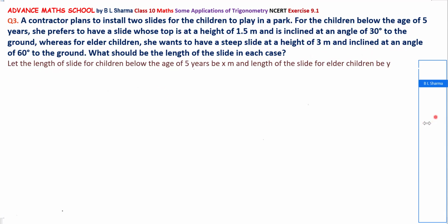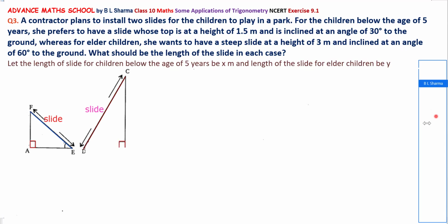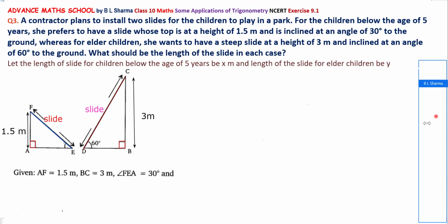We have to visualize the figure. First let us draw the figure. I have made one slide, which is for below 5 years, and this other slide is for elder children. The heights are 1.5 meters and 3 meters. The angle of elevation is 60 degrees for the elders and 30 degrees for the children below 5 years.